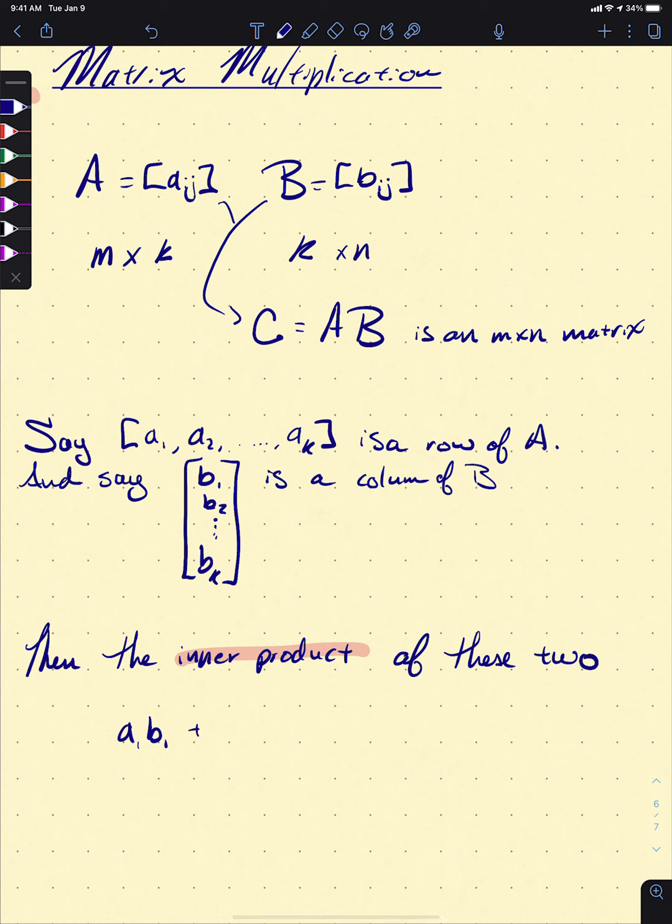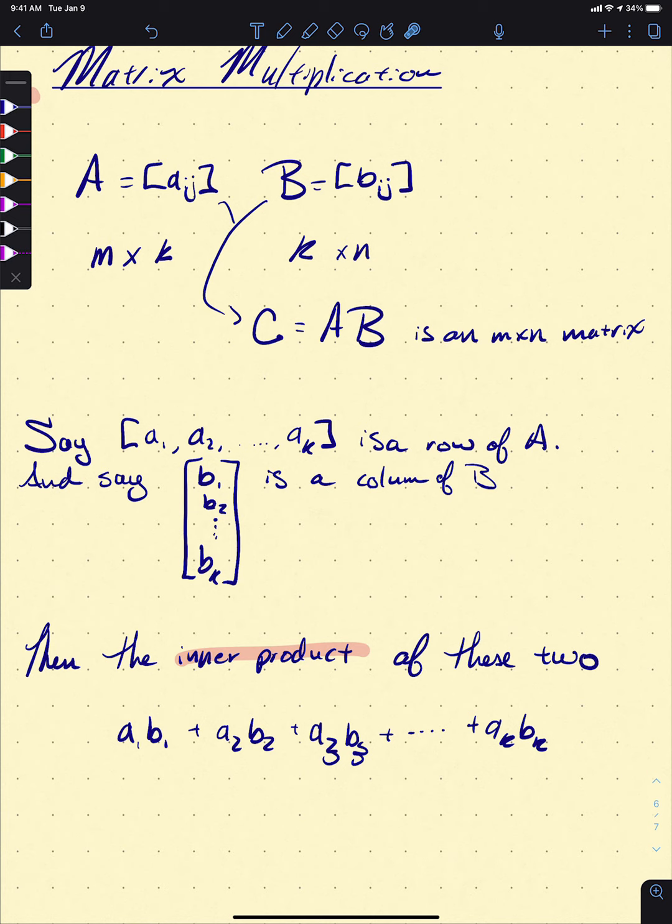It's A1 times B1 plus A2 times B2 plus A3 times B3 plus, all the way up to A sub k, B sub k. So you're scanning through, multiplying this one times this one, then adding this one times this one, and so on and so forth until you add that one times that one.